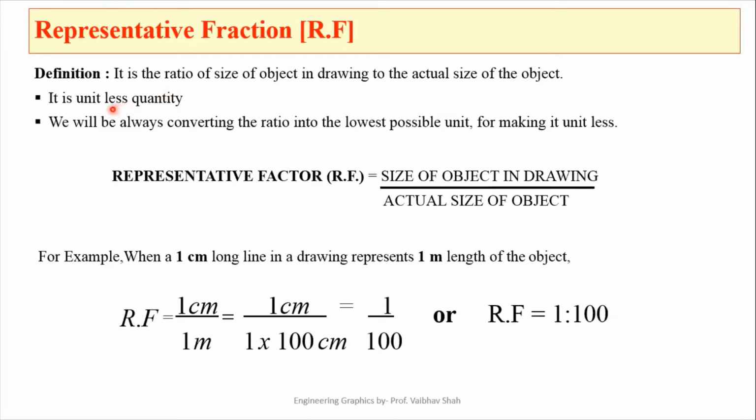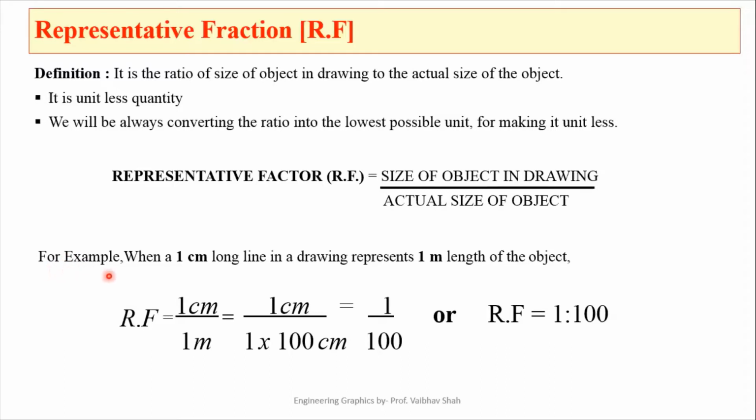It is a unitless quantity, and we will always convert the ratio into the lowest possible unit to make it unitless. So mathematically it can be defined as representative fraction RF equals size of object in drawing upon actual size of object. Let us understand it by one example.